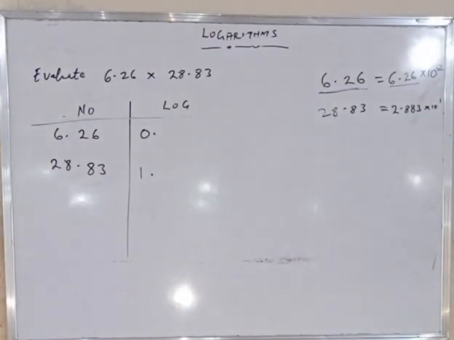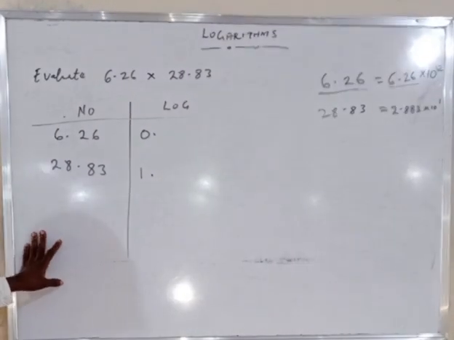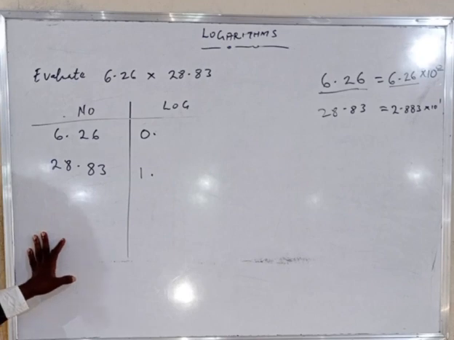You have to use your four-figure table. Who has gotten it? 62 under 6 is what? 7966.